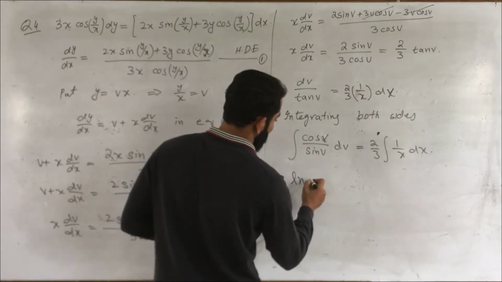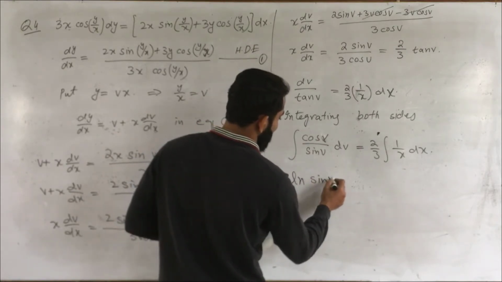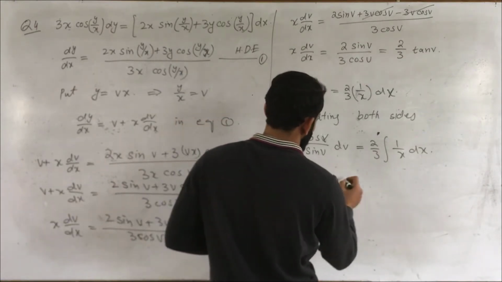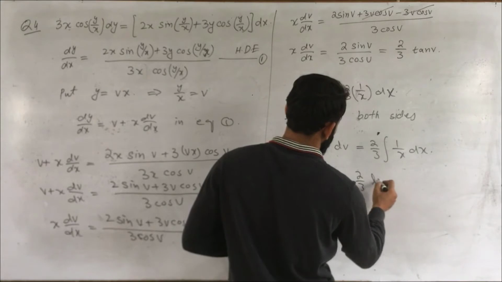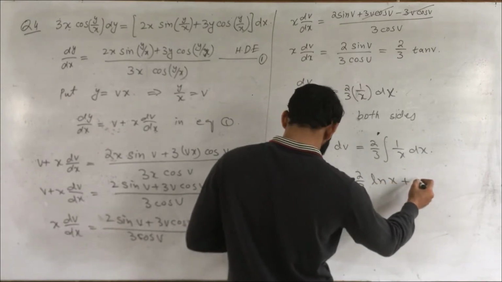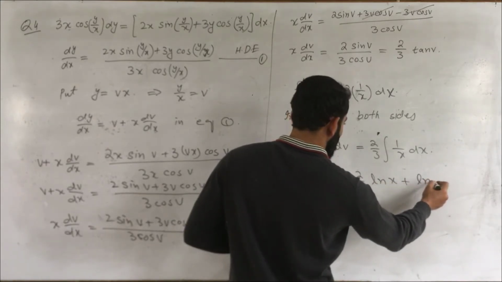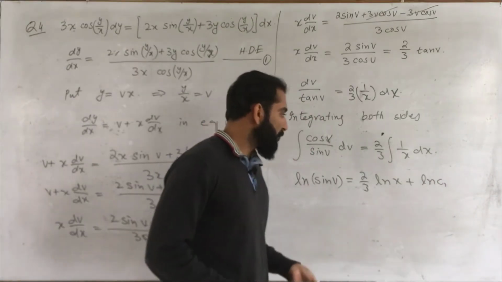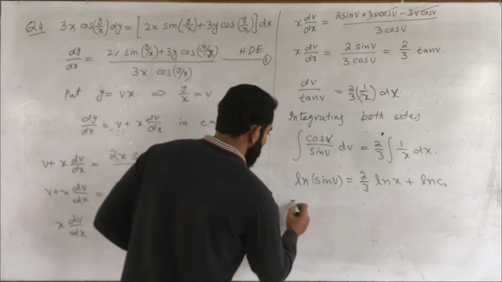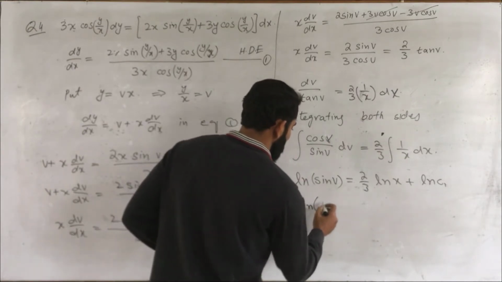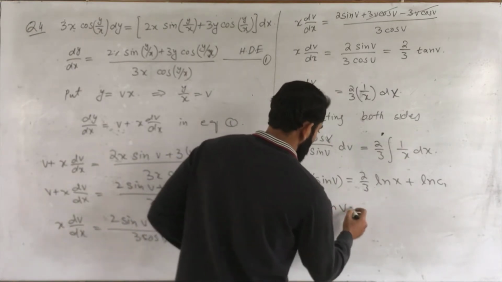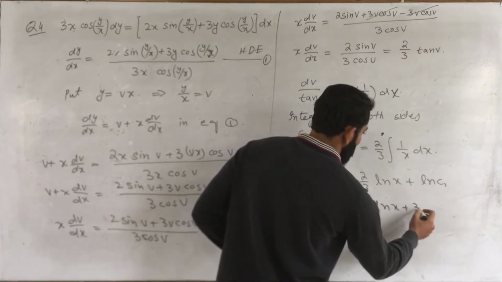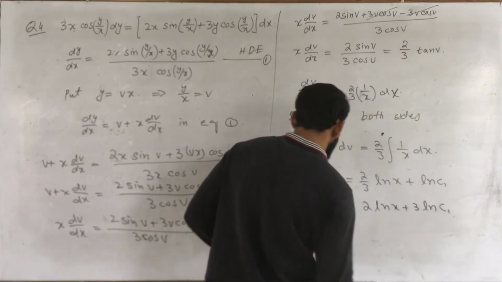So natural log of sin V is equal to 2 over 3 natural log of x plus natural log of C1. After multiplying the whole equation by 3, we got 3 natural log of sin V is equal to 2 natural log of x plus 3 natural log of C1.